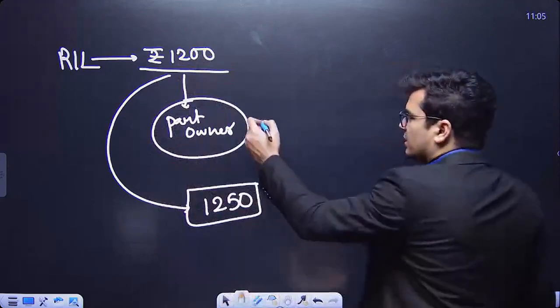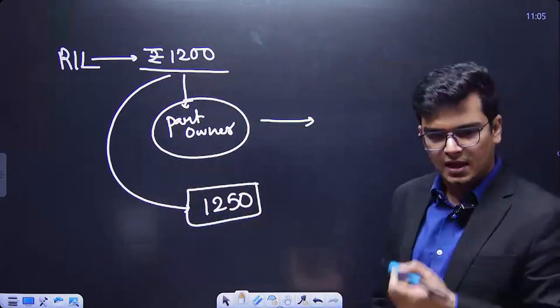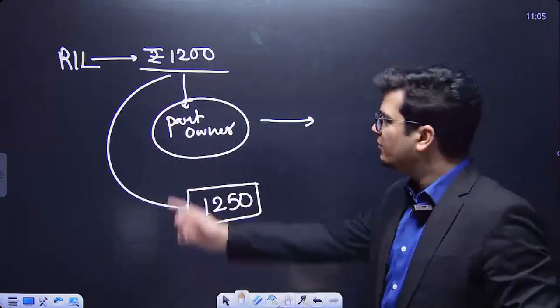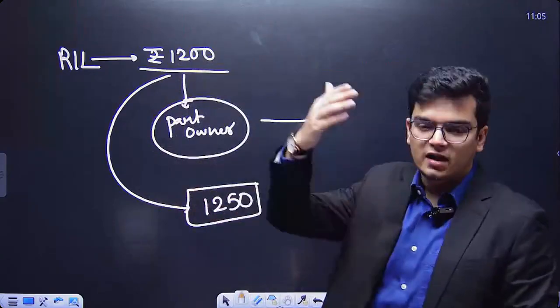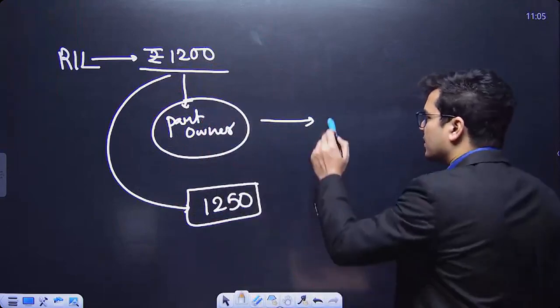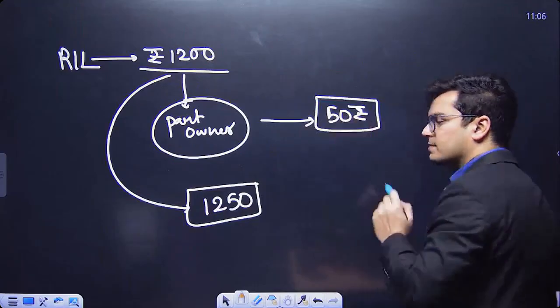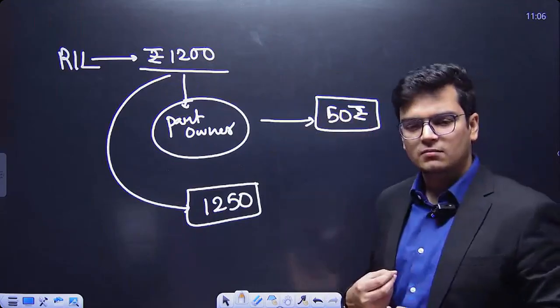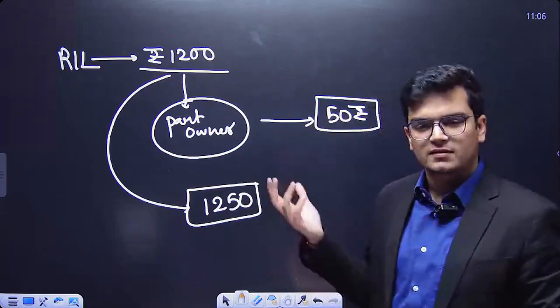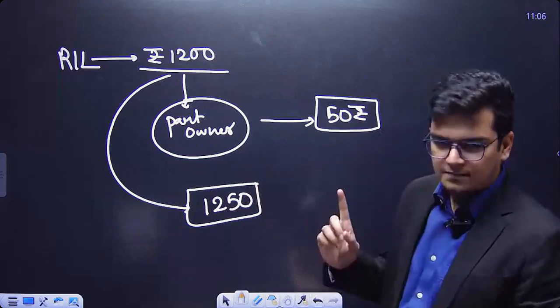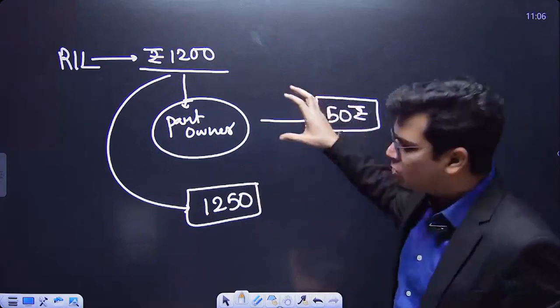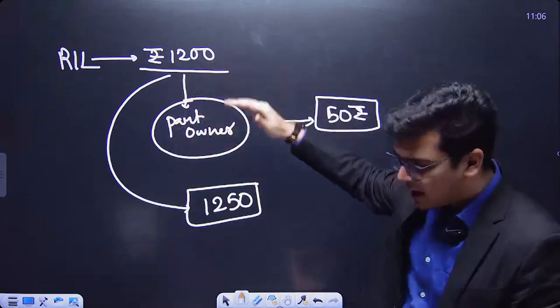What are the gains in my capital account? I have sold an asset for a higher price, so I have gained capital of 50 rupees. Now this 50 rupees is also part of my income. Technically, this is the money I have earned. But this is counted separately. This is gain on assets sold.